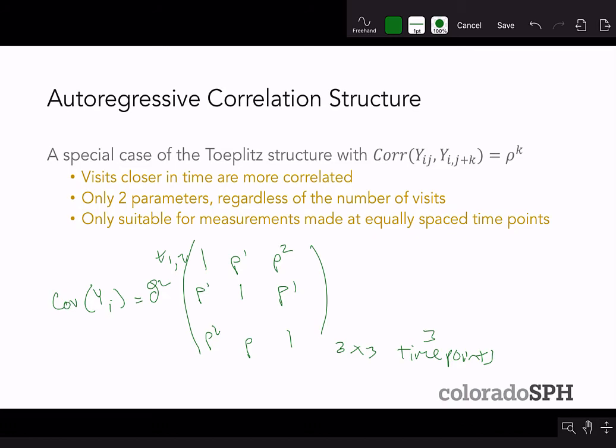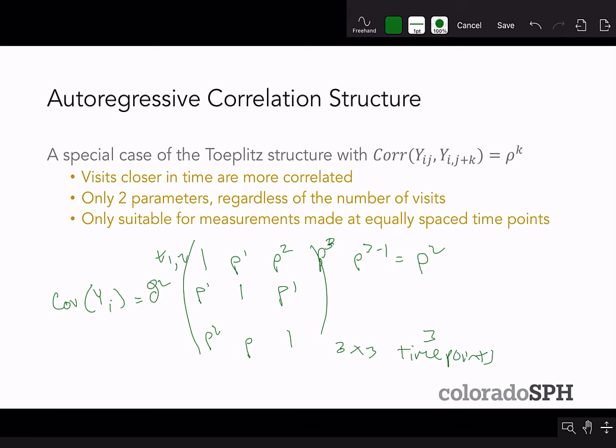At the 1, 3 slot, you have rho to the 3 minus 1, which equals rho squared. And if we were to expand this out, and if we had a 4 by 4, for example, the next one would be rho to the third power for 4 minus 1.